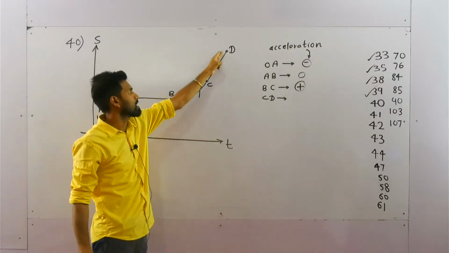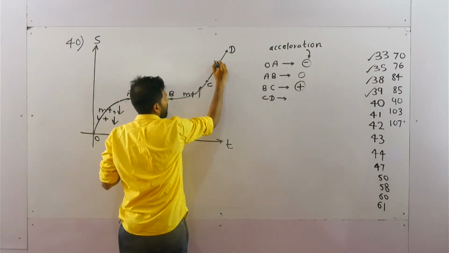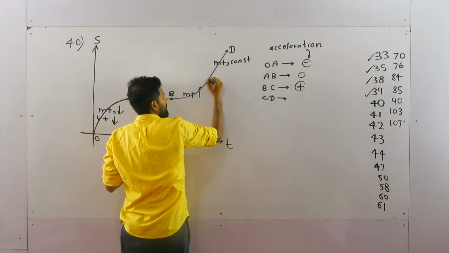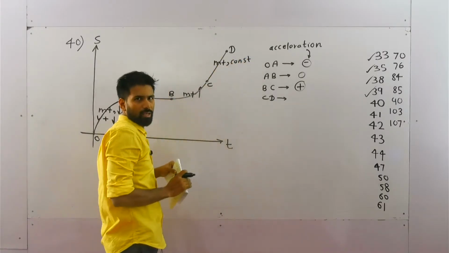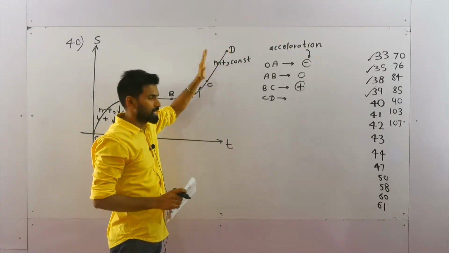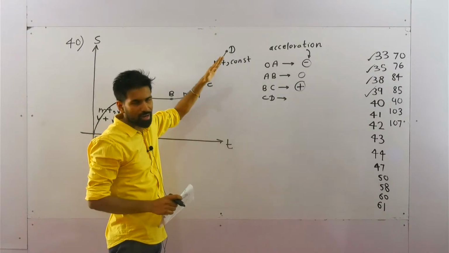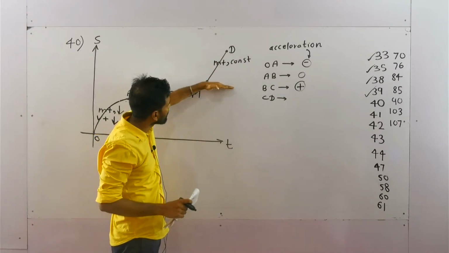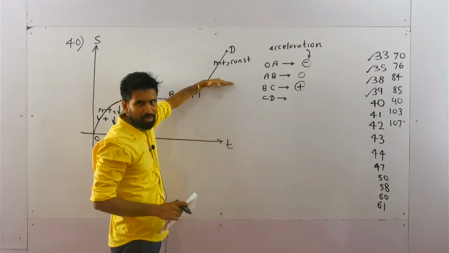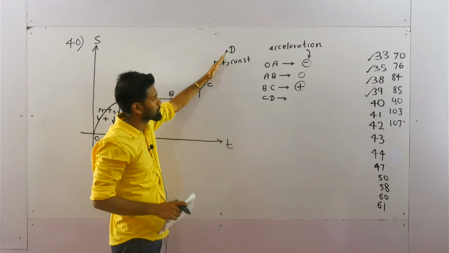From C to D, this straight line shows a positive constant gradient. If the graph is a straight line, it's a constant gradient. And if it is making an acute angle with the positive x axis, it's a positive constant gradient.